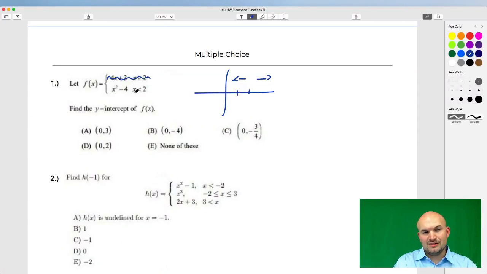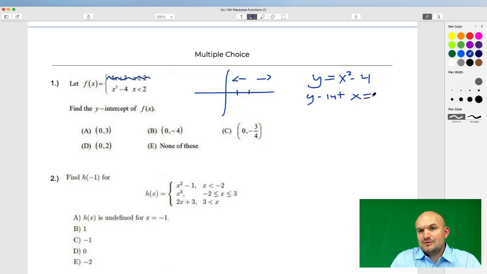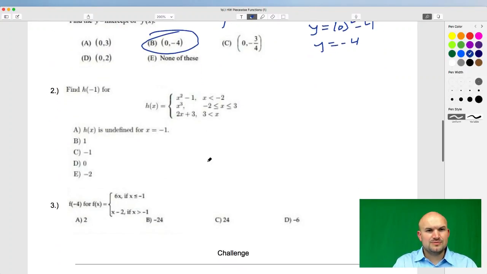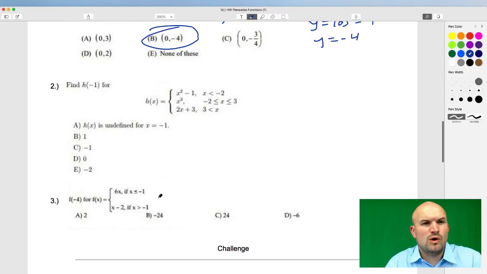I want to find the y-intercept of x squared minus 4. And remember, guys, we can just write that as an equation, y equals x squared minus 4. So to find the y-intercept, the y-intercept is when x is equal to 0. So I just say y equals 0 squared minus 4. y equals negative 4. And we could write that as a coordinate point of 0, comma, negative 4. Answer is B.